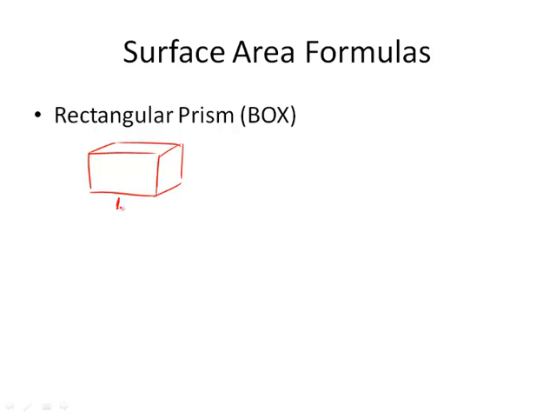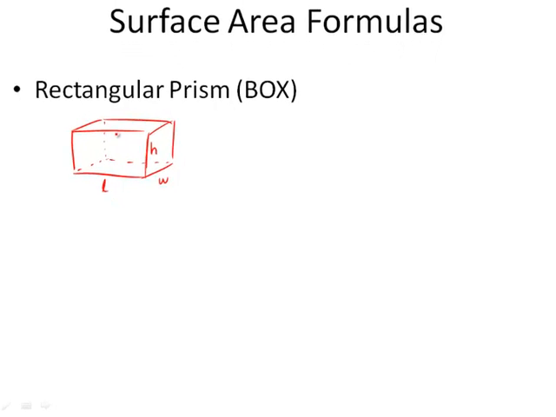Say it has a length, a width, and a height. So if you were to take a box physically and cut it open, so that you would have these rectangles to add up the surface, you could do that.